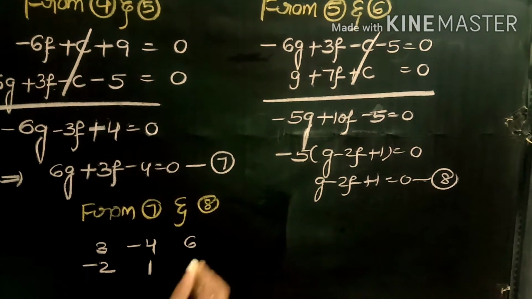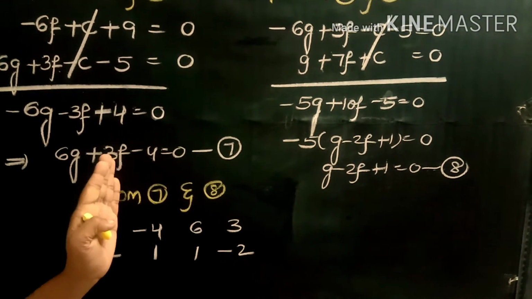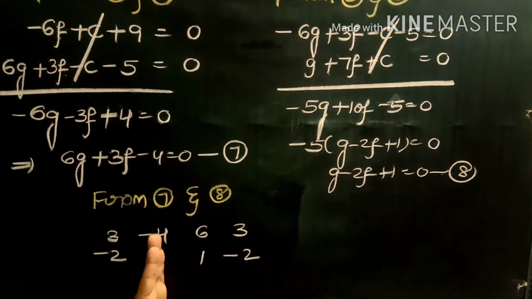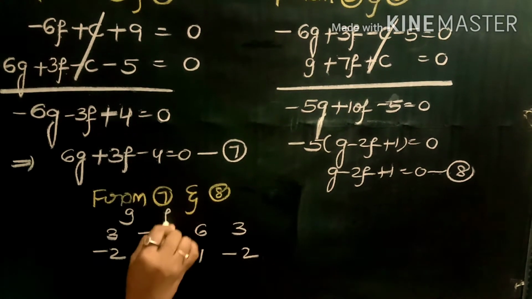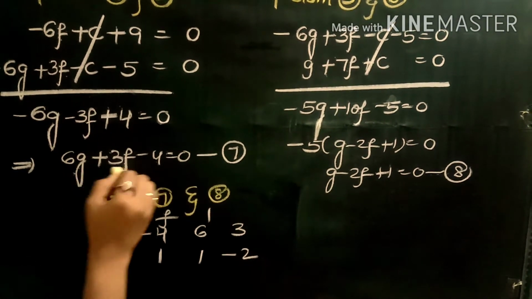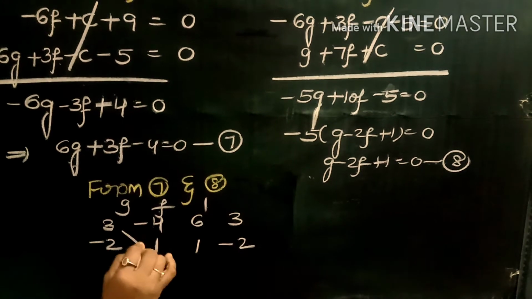Again taking the middle term coefficients, that is 3 comma minus 2. There is a point of intersection procedure. First we are writing the middle values, last values, first values, again middle values. And here we are taking the letters g, f, 1. Since these are the equations in terms of g comma f, we take here g comma f comma 1.